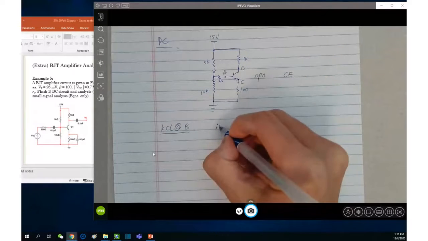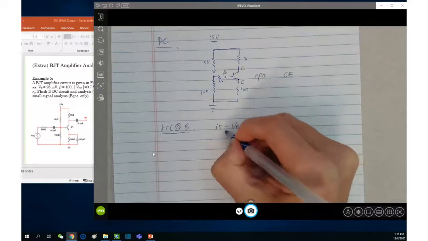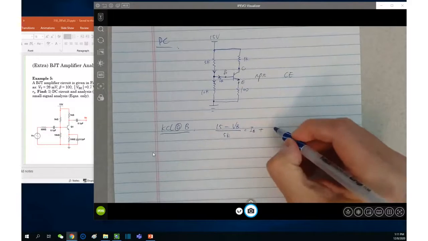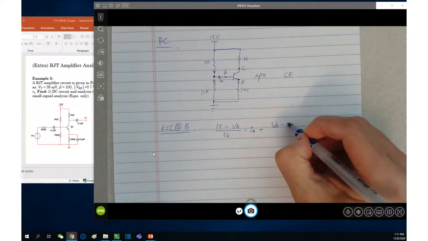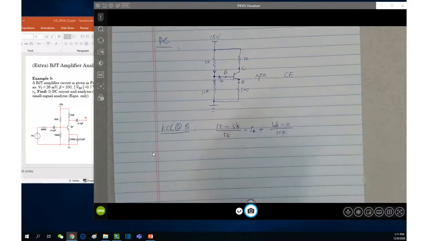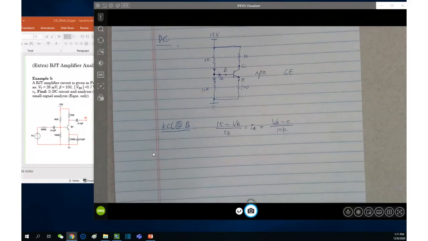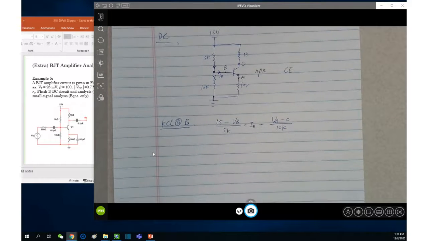So (15 minus VB) divided by 5K equals IB plus (VB minus 0) divided by 10K. That is the first equation, the KCL at the base.